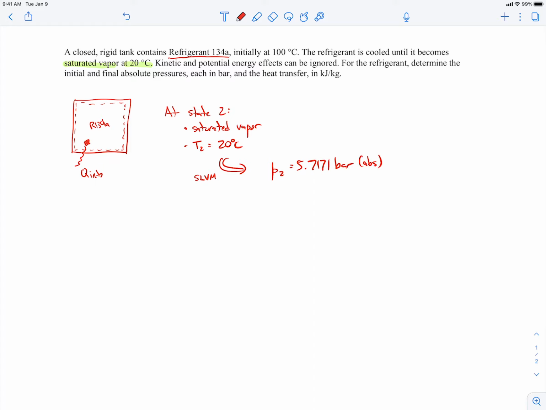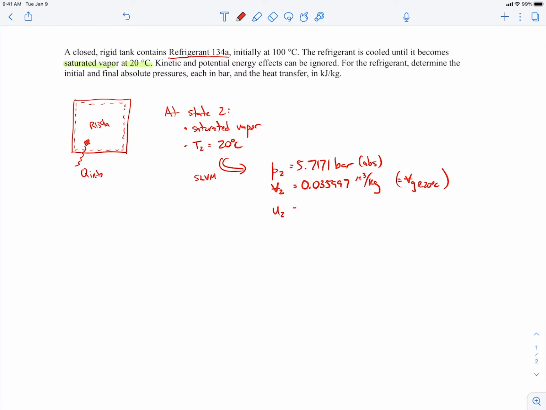It's an absolute pressure. We know the specific volume at 2 is 0.035997 cubic meters per kilogram. That's just equal to the saturated vapor value at 20 degrees C.